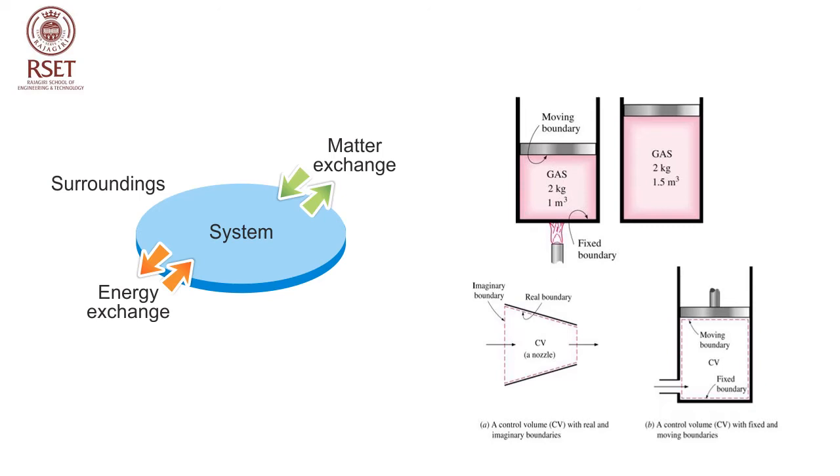Then the system itself can be taken in two different cases. It can be a control volume system, shown at the bottom, with a real or imaginary boundary, or we can take a control mass system, where the mass of the system remains the same even if the volume varies, which is shown at the top.